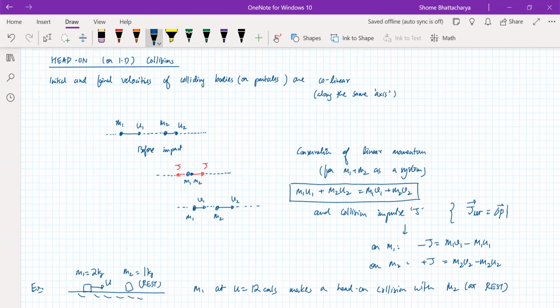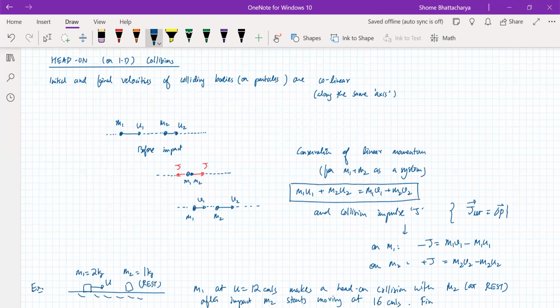Now suppose after impact, M2 starts moving at 16 centimeters per second.